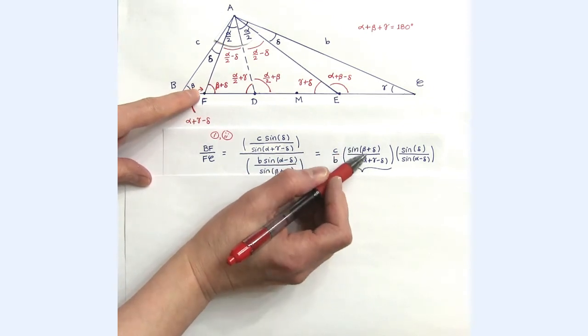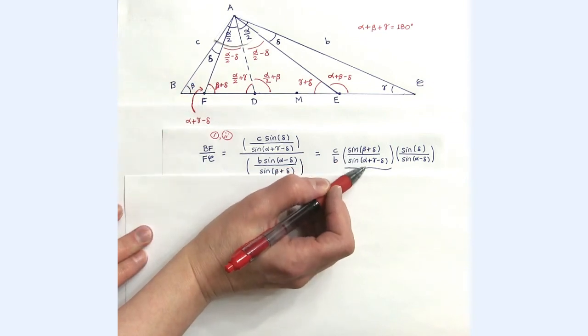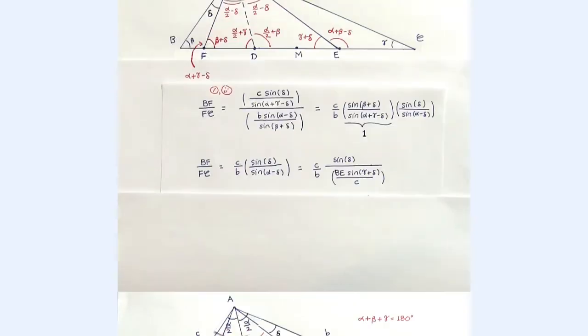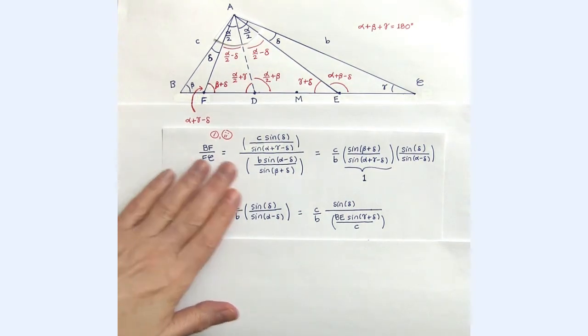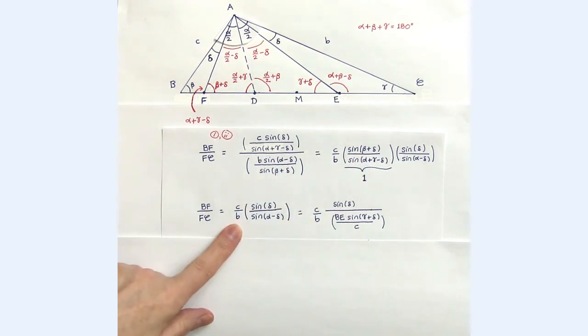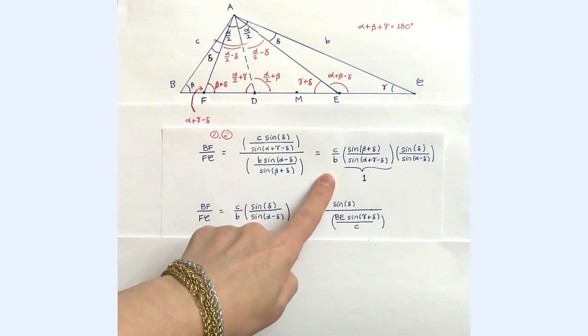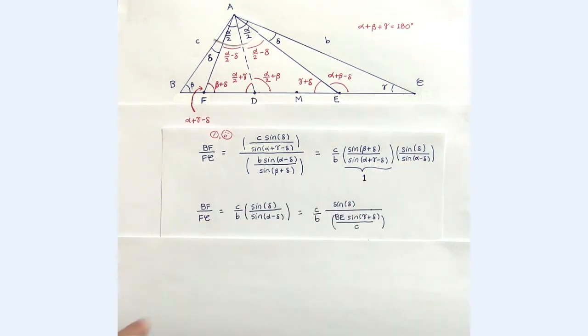And so their sines are the same. And so that means that this ratio is really just 1. And so this expression for BF over FC simplifies like this. So we get C over B times just the sine of delta over the sine of alpha minus delta.